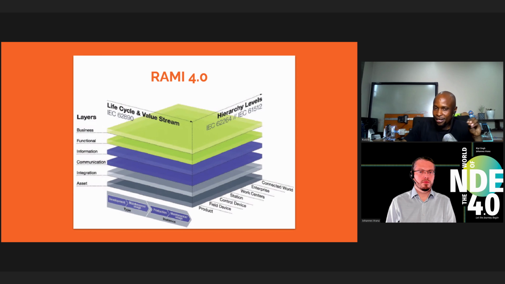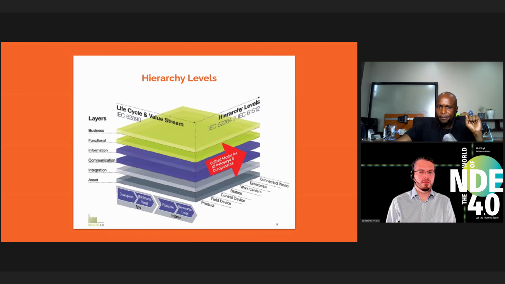Right, now let us look at these 3 dimensions in a bit more detail, right? Now, starting with the hierarchy levels dimension, right? So this dimension essentially serves as the vertical integration within a factory, right? And what that means is that it describes how a factory asset can be assigned to an organizational hierarchy.